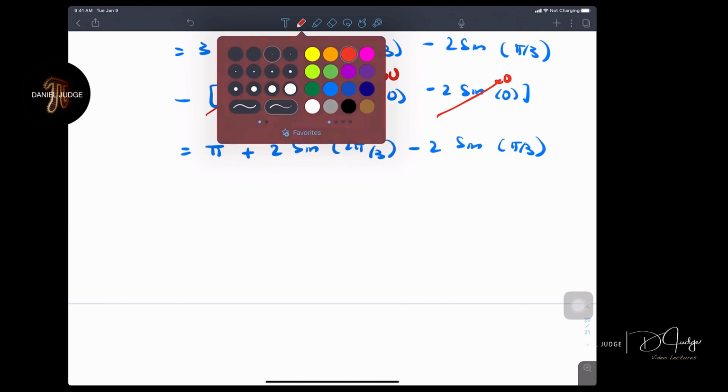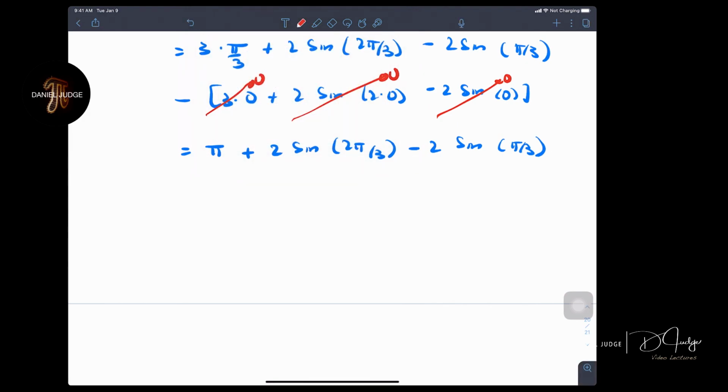Okay, now remember, got to remember a couple of things here. Pi over 3 is 180 divided by 3, that's 60. So this is 120 degrees. This is 60 degrees. So this will be the square root of 3 over 2. All students take calculus. Looks like this is going to be the square root of 3 over 2.